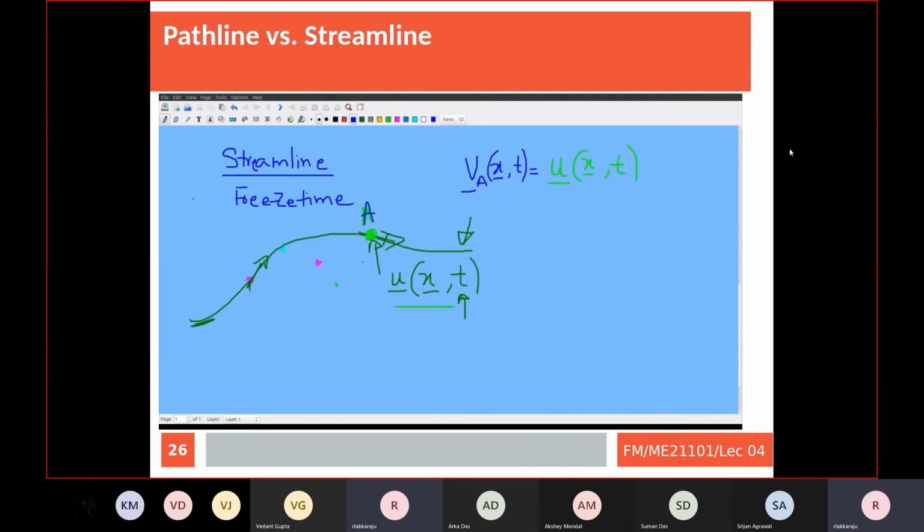Now this fluid particle might have originated at some other location at a previous time. It might be coming from that location when you are measuring the Eulerian velocity field. Perhaps that fluid particle might be coinciding.